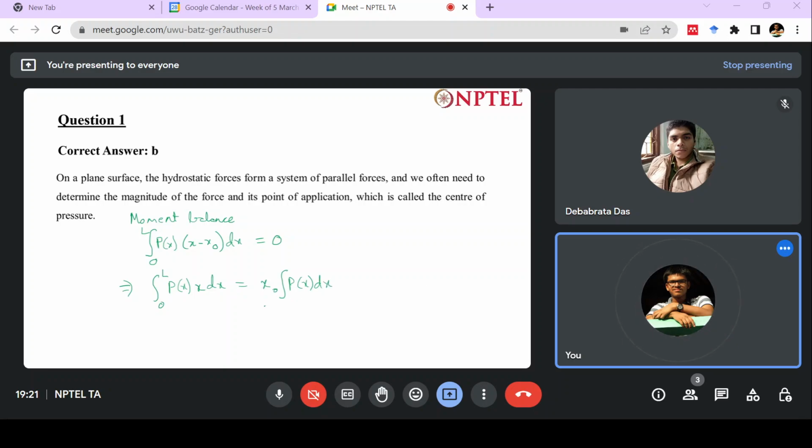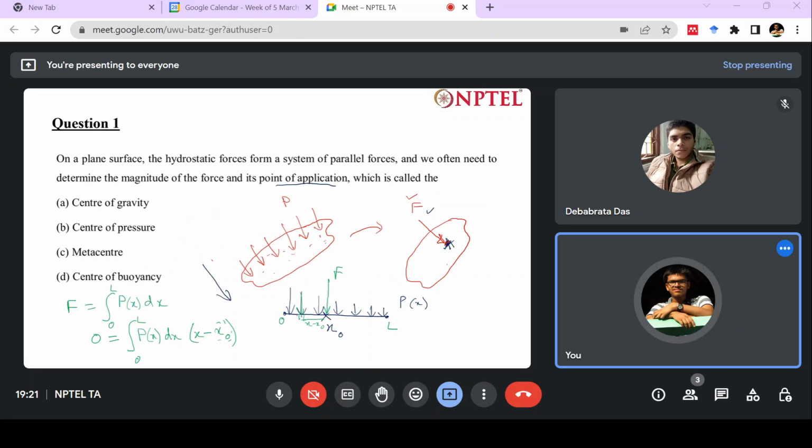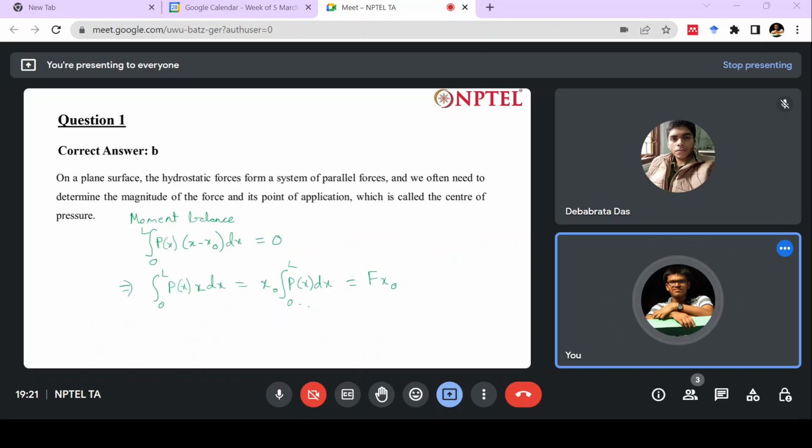Now what is this? This I know. I have just now calculated it as the resultant force, right? So this is F into x0. So F into x0 is equal to integration of p(x) x dx.